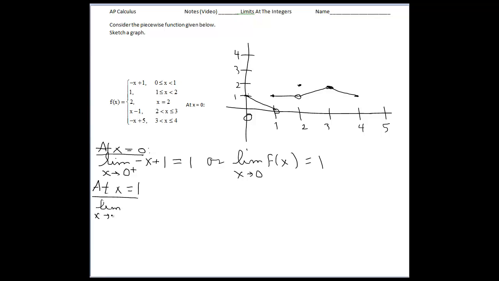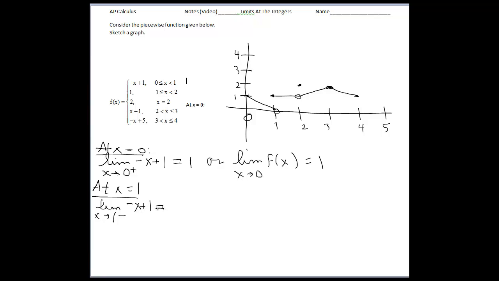So as you approach 1 from the left, let's determine what piece we're on, and of course the visual of the graph is going to help us quickly. If I'm approaching 1 from the left, I'm over here on the top piece, so I'm going to choose negative x plus 1. Now, don't misunderstand, it's not wrong for you to just put the general notation f of x in here. You could have easily done that.